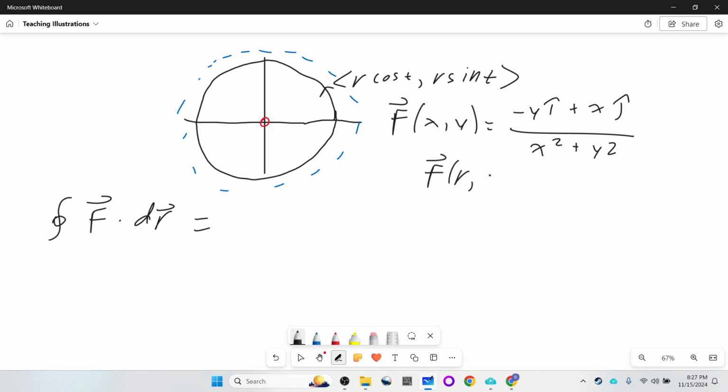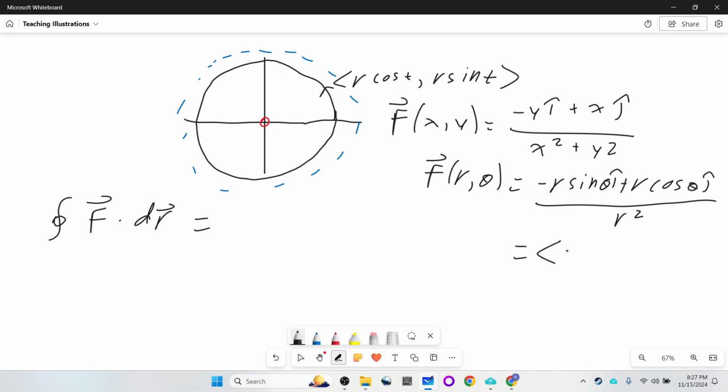F of r, theta would be negative r sine theta i plus r cos theta j, over r squared, which would be, in bracket form, negative sine theta over r and cosine theta over r.